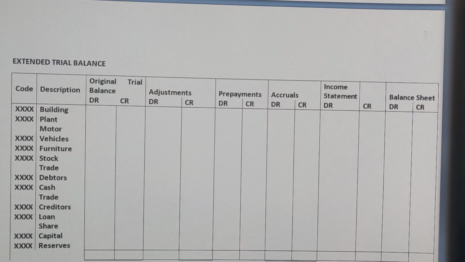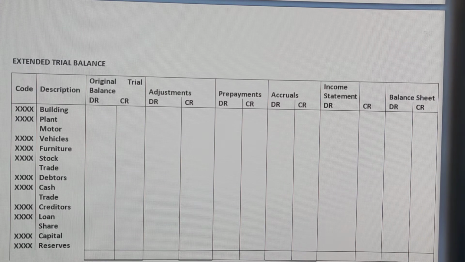Then there will be another column for adjustments, which will be used for movement of data between account codes or error correction. Then followed by another column for prepayments.